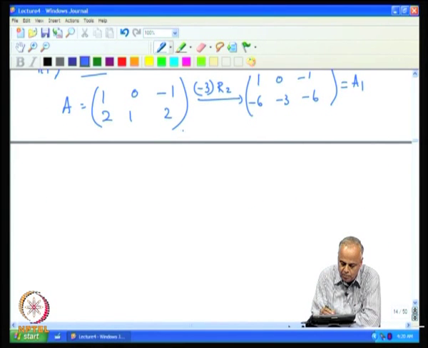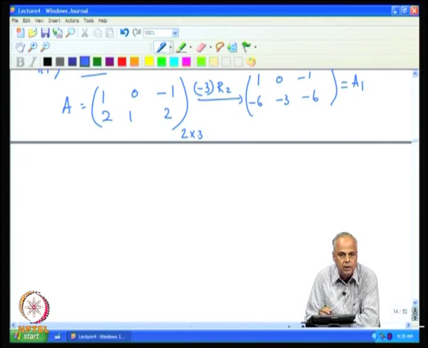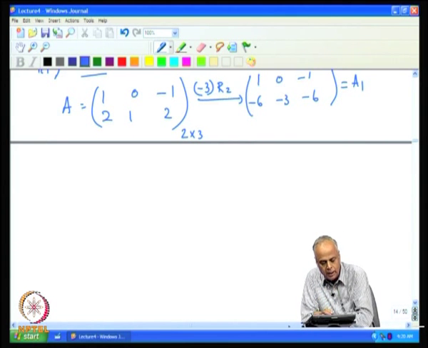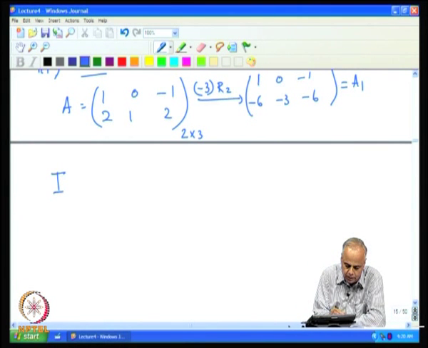Again, as before, observe this is a 2 by 3 matrix, therefore, M is 2 in this case. So, we consider the identity matrix 2 by 2, which is 1 0 0 1.